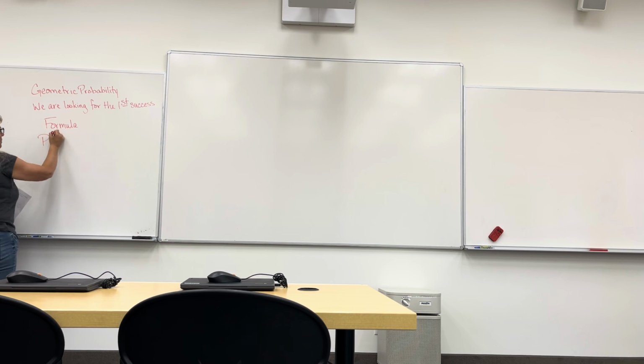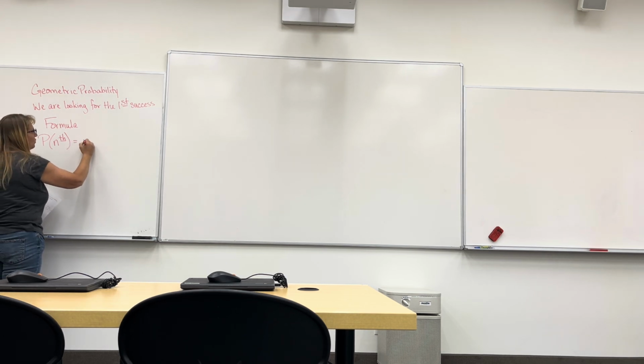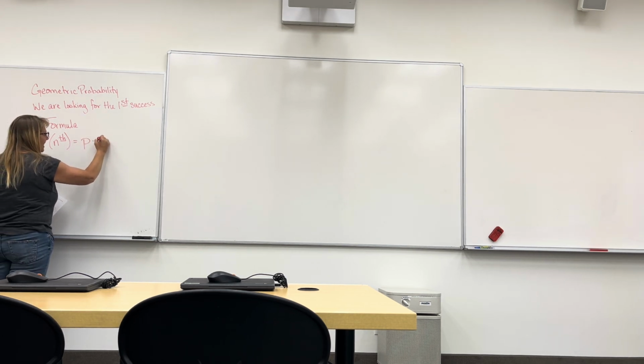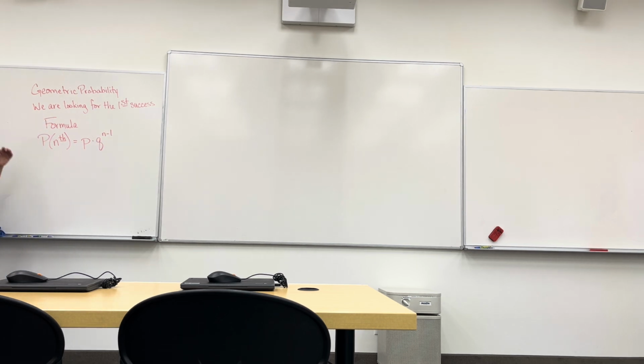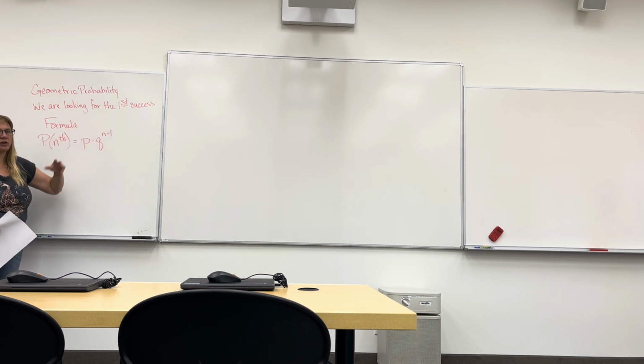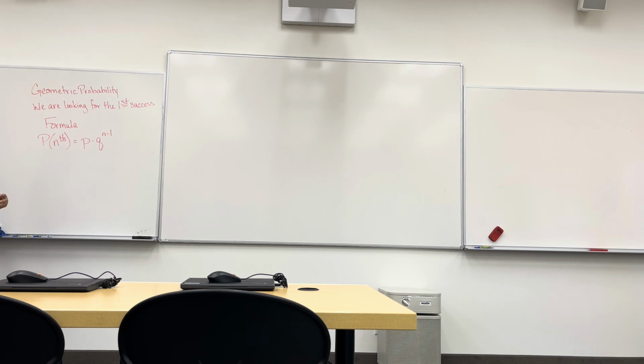It says the probability of the nth, and that is the nth, it's not n, but the nth, is equal to p times q to the n minus 1. So remember that along with every success is going to come failure, but this time we're going to have just one success because we're looking for the first success.